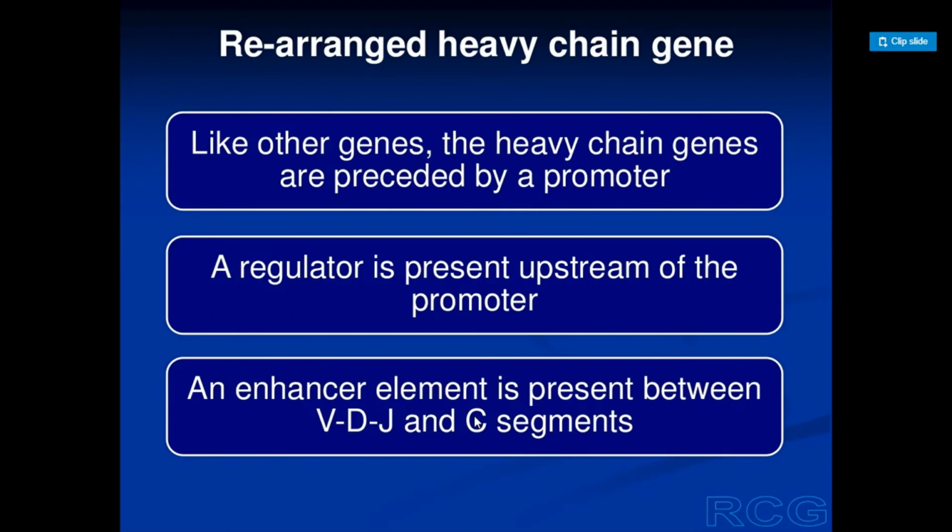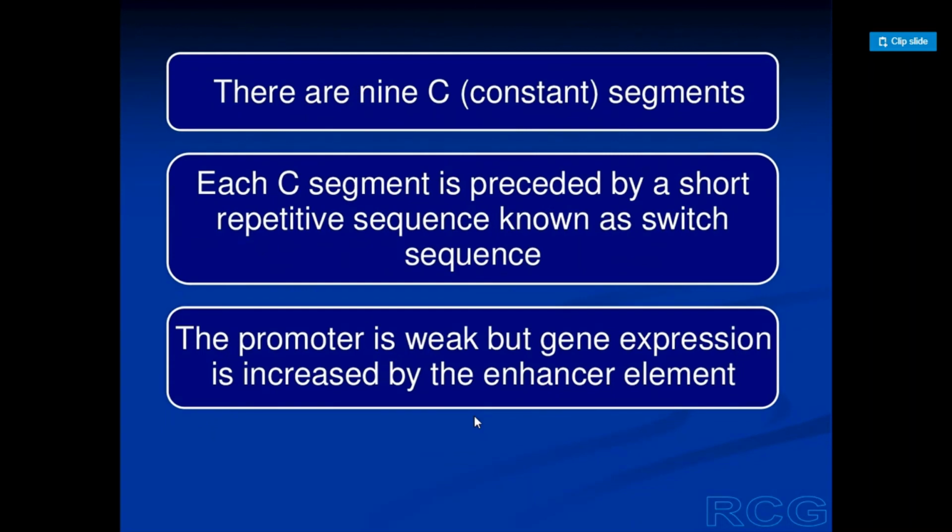Like other genes, the heavy chain genes are preceded by a promoter. A regulator is present upstream of the promoter. An enhancer element is present between the VDJ and the C segments. There are 9 C constant segments, and each C segment is preceded by a short repetitive sequence known as the switch sequence.